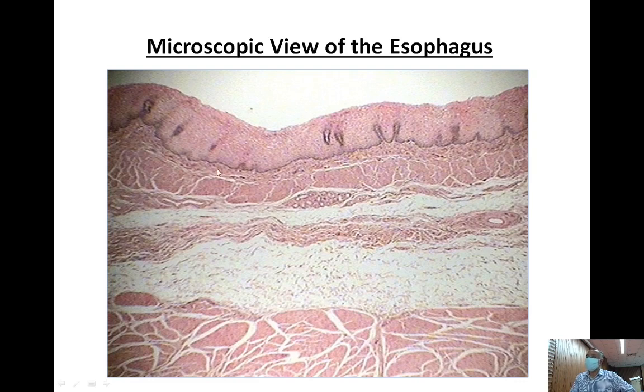Then we have the lamina propria, made up of connective tissue; blood vessels may be present. Then this is our muscularis interna, or muscularis mucosae. Then the submucosa, where some submucosal glands are shown. Then outer to that we have the muscularis externa.